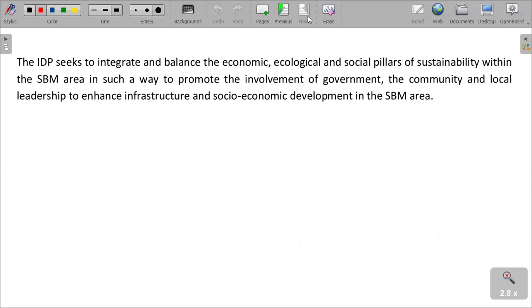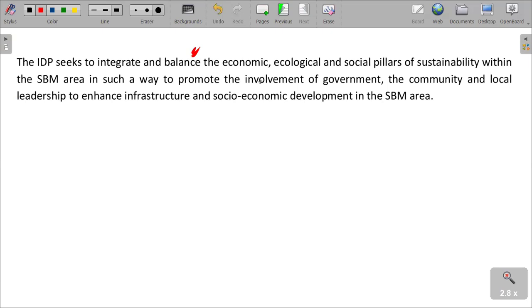So it seeks to integrate and balance the economic, ecological, and social pillars of sustainability within the municipality area, in such a way as to promote the involvement of government, the community, and local leadership to enhance infrastructure and socio-economic development within the municipal area.